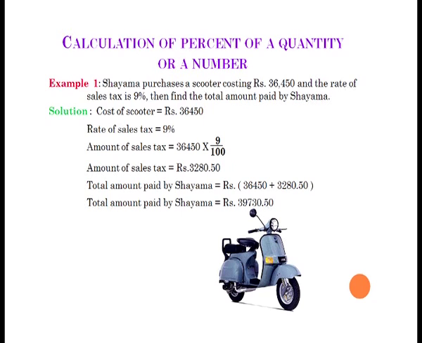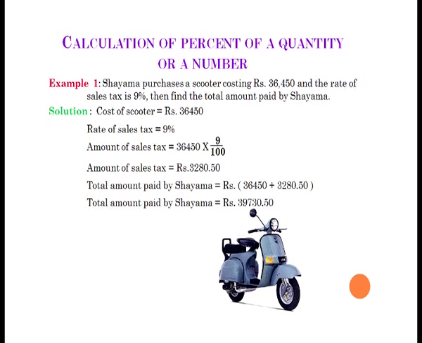The amount of sales tax will be 3,280 rupees 50 paisa, and the total amount paid by Sam will be 36,450 plus 3,280.50, that is 50 paisa.